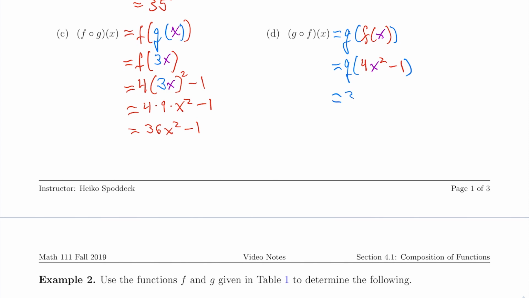Our g of x was 3 times x, but in this case our x is 4x squared minus 1. All that's left to do is distribute our 3, which gets us 12x squared minus 3. If you check our work with our input of -1 again, -1 squared is 1, times 12 is 12, 12 minus 3 is 9, like the answer we just had in b.